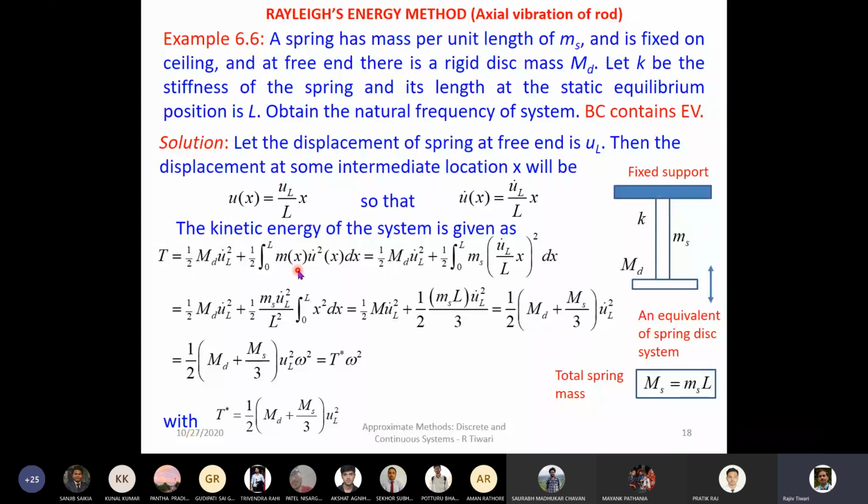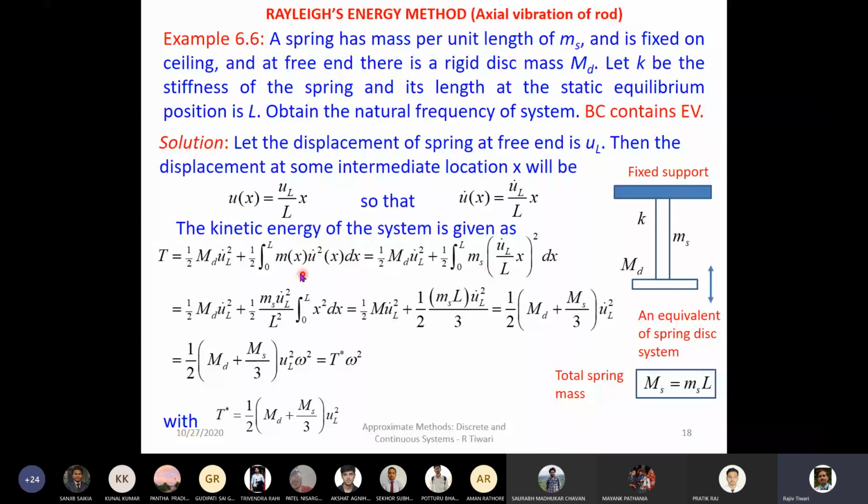So this is the mass per unit length into the velocity square, and this is the length of the spring segment which we have taken. So this is the kinetic energy of a small segment, and then if we integrate, we will get the kinetic energy of the whole spring.